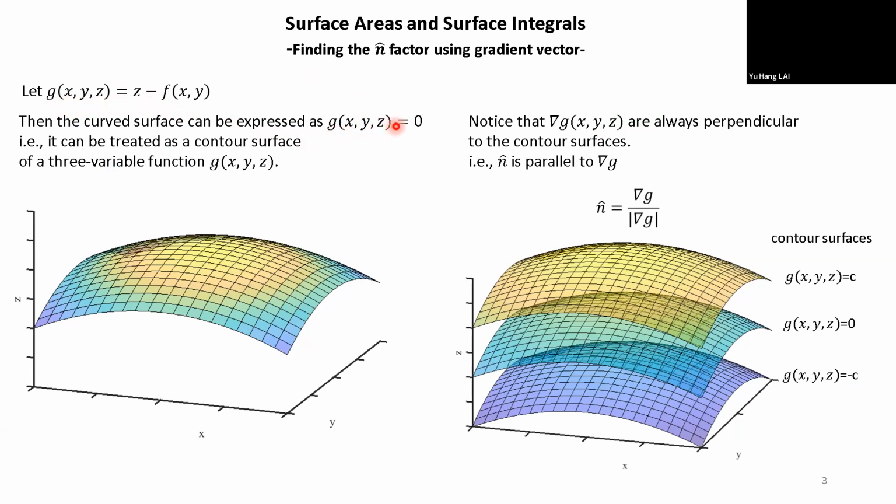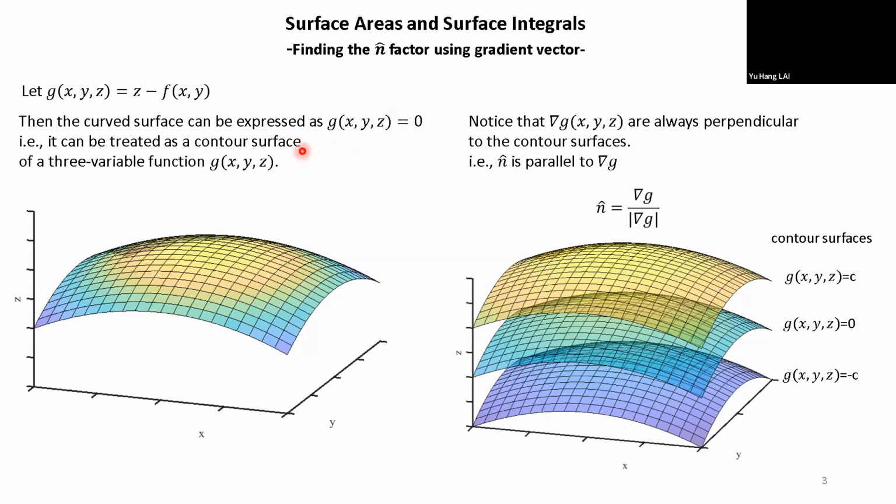That comes back to the concept of contour lines. Remember, if I have z equals f(x,y), then I have this mountain. If I set f(x,y) equal to some constant, then I have a particular contour line of my mountain.